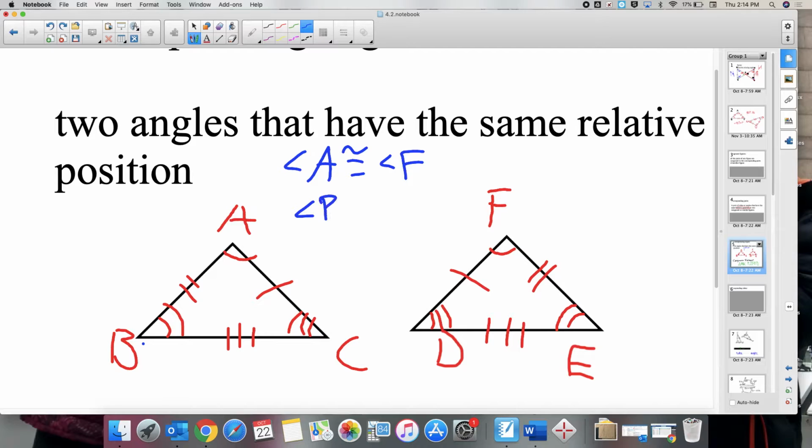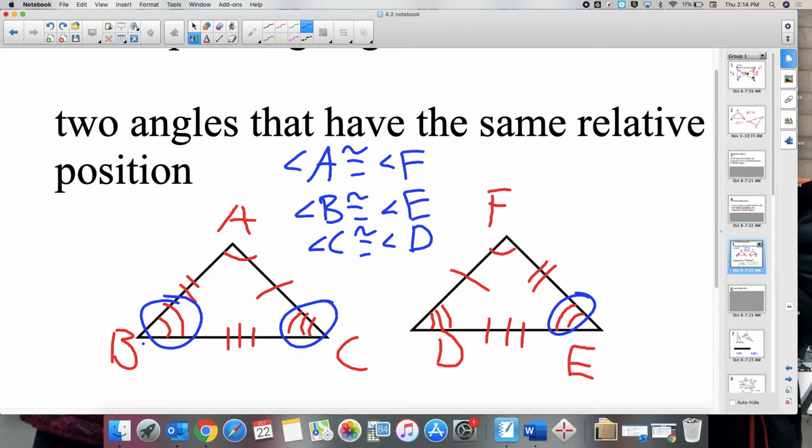Angle B goes with angle E. Even though angle B is on the bottom left, it's not going to match the bottom left. You've got to look at the markings. Two markings go with two markings. That's why it's B with E. And then angle C will go with angle D, three markings with three markings. That's how we tell what pieces match up.